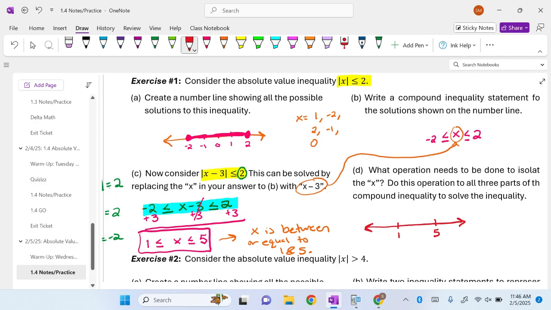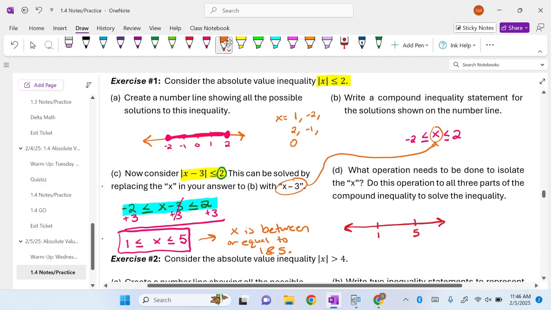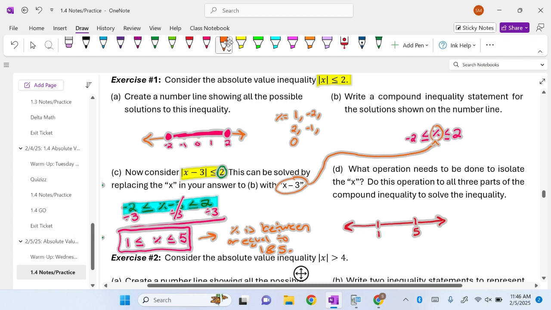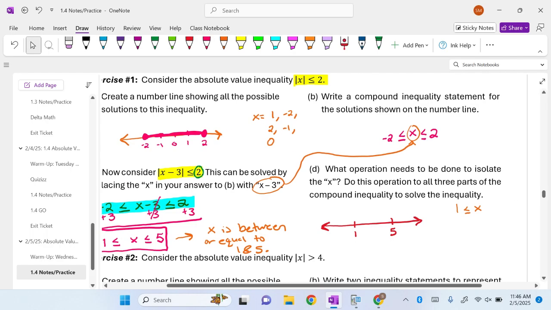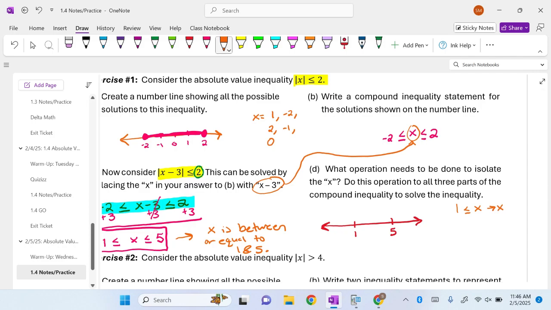First off, if 1 is less than or equal to x, so if I separate these two inequalities into two different inequalities, I would have 1 is less than or equal to x, which is the same as what? If I wrote x first. So if I wanted to rewrite that inequality but with x first, what would be the same inequality? So x and then 1, but what symbol would go between them?